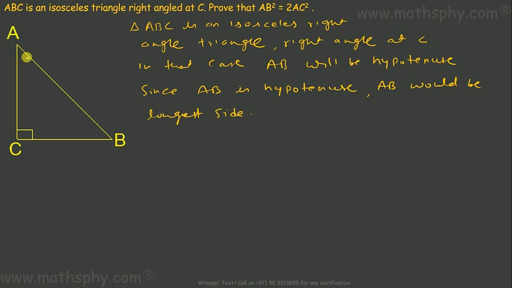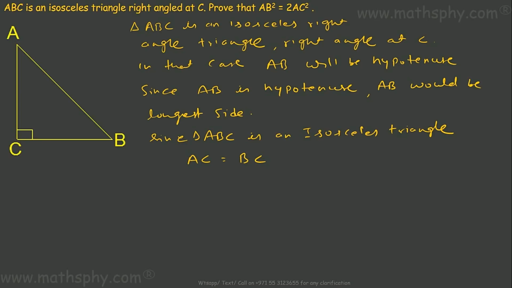In that case, AB cannot be equal to AC or BC. Now, when AB cannot be equal to AC or BC, in that case, ABC, being an isosceles triangle, will have AC equals to BC. I'll write, since triangle ABC is an isosceles triangle, I can take AC equals to BC.